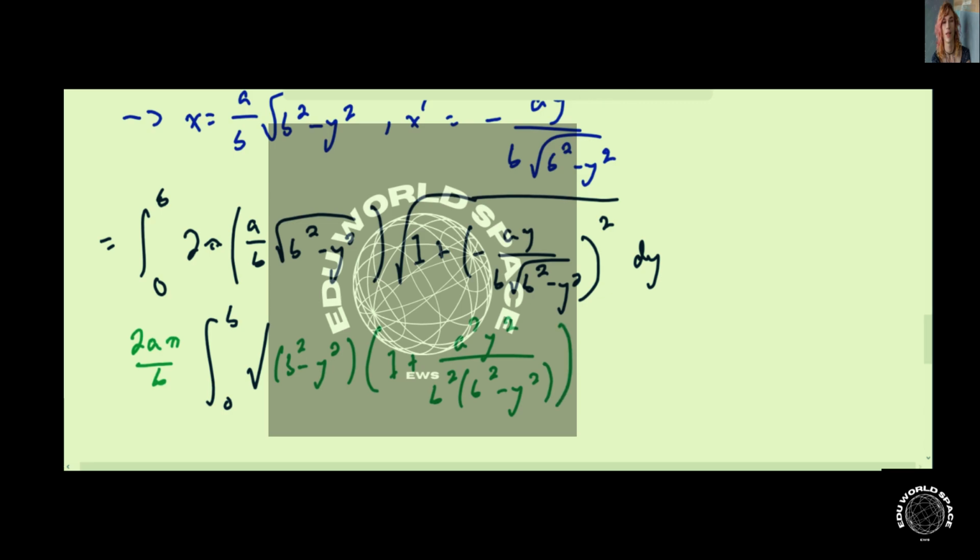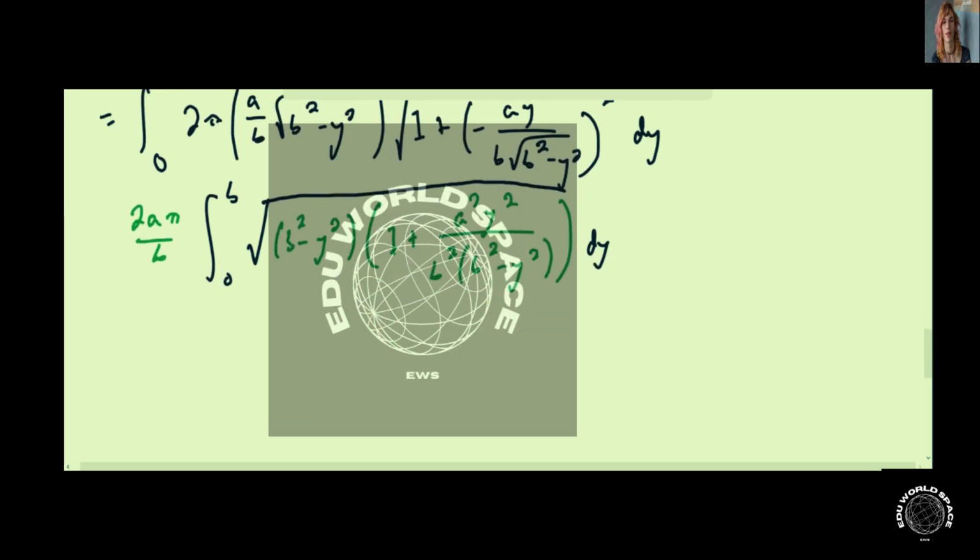And all of that will be integrated with respect to y. Multiplying this across, we'll get that this is equal to b squared minus y squared plus a squared y squared over b squared. And don't forget to multiply by 2 because we're integrating only from 0 to b, which is the minor axis.